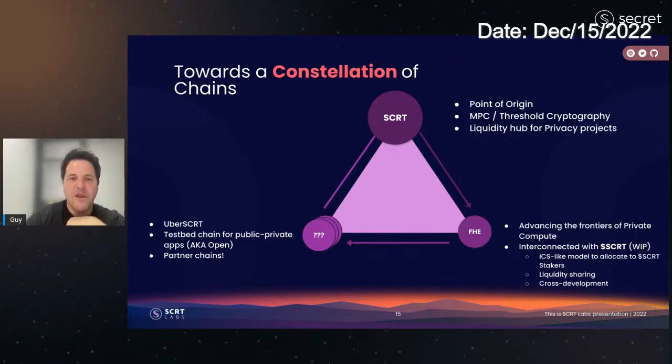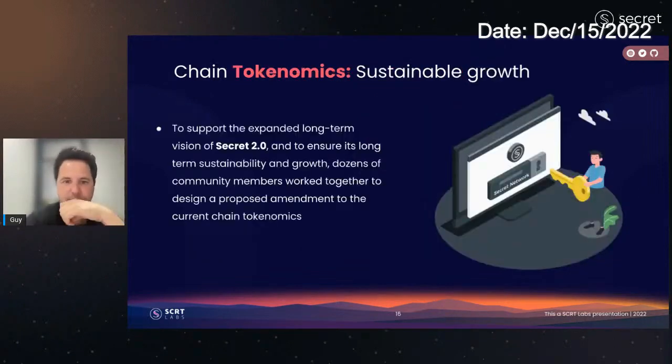I think the only stickiness that is important in the constellation is to make sure that any constellation chain shares the same privacy, private compute values, privacy mission that Secret shares.